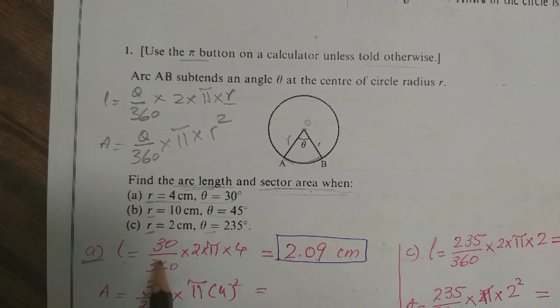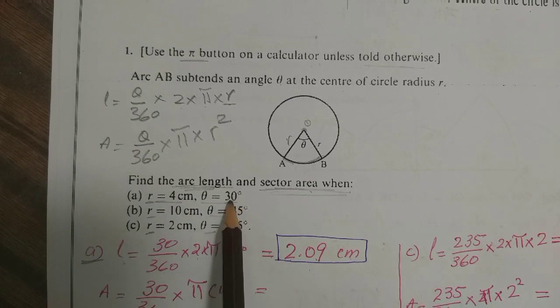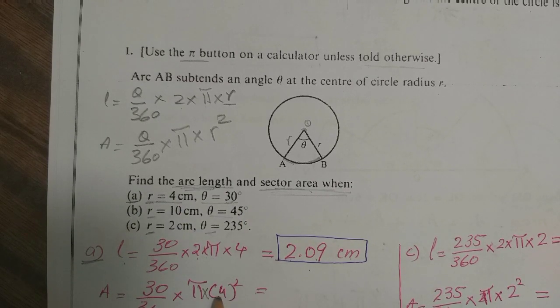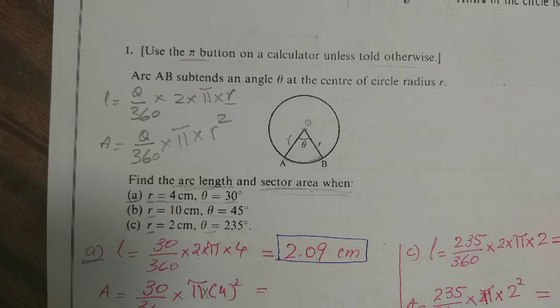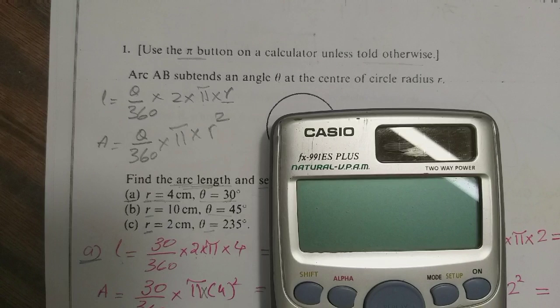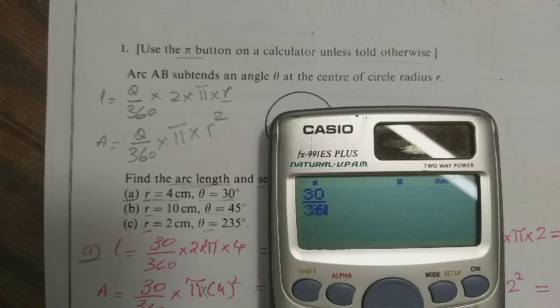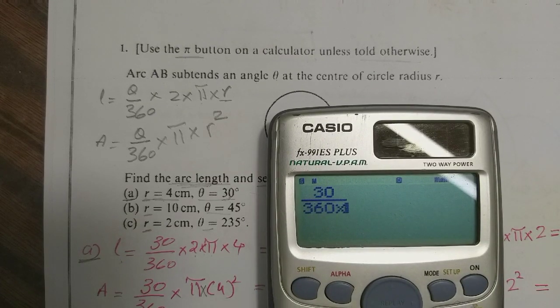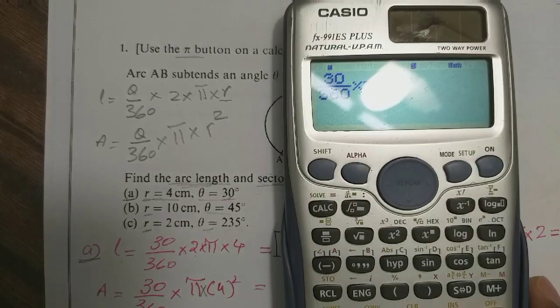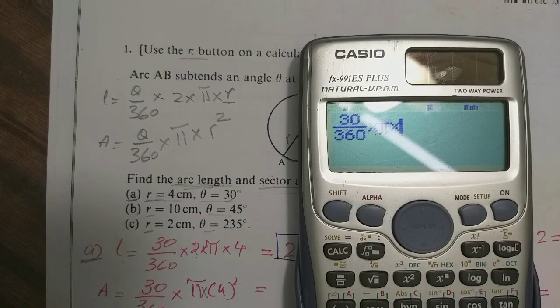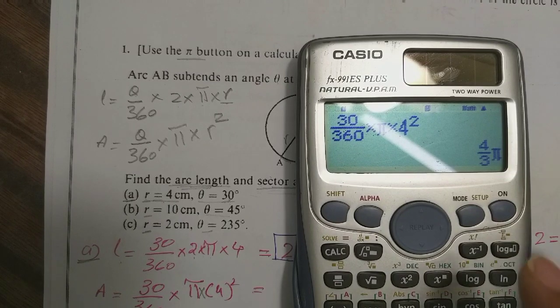Again the area formula. I replace theta by 30 degrees because I'm talking about the first part, then pi r squared, where r is 4 squared. Then simplify, put it in the calculator: 30 divided by 360 times shift pi times 4 squared. Simplified, it becomes 4 over 3 pi.